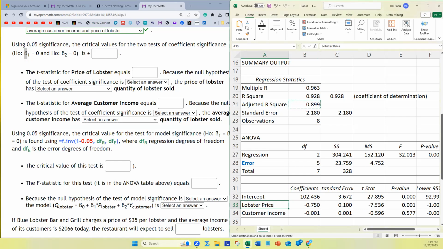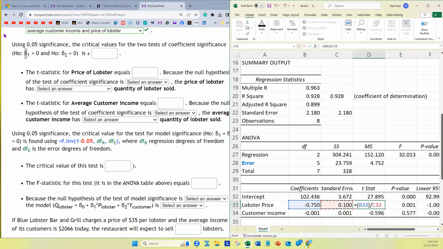Now remember the T-stat, I'm going to delete this. T-stat is just this lobster price slope coefficient divided by the standard error, right?